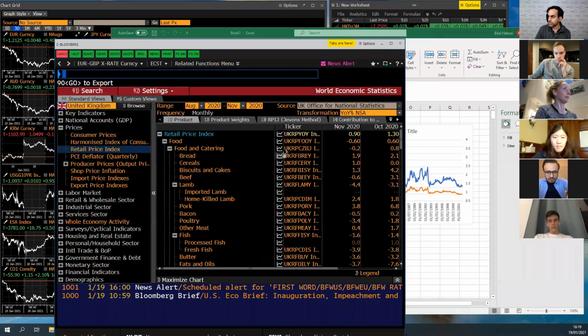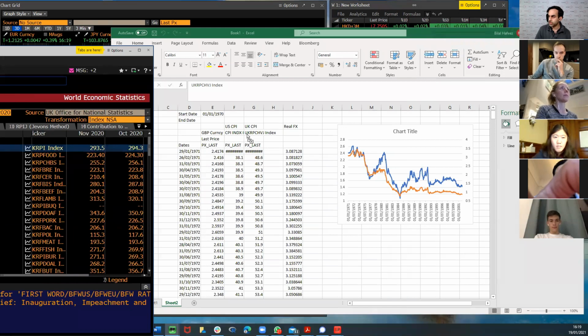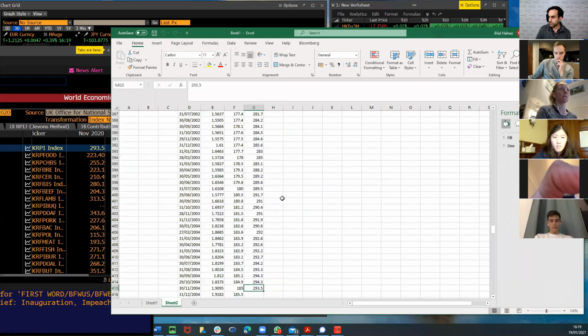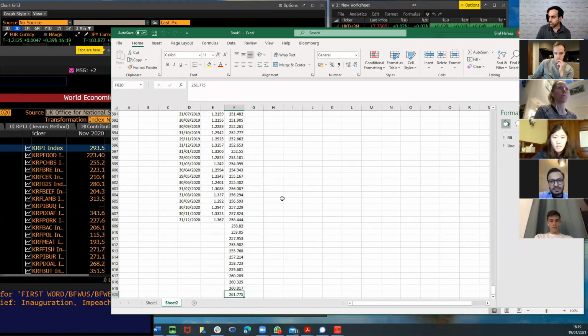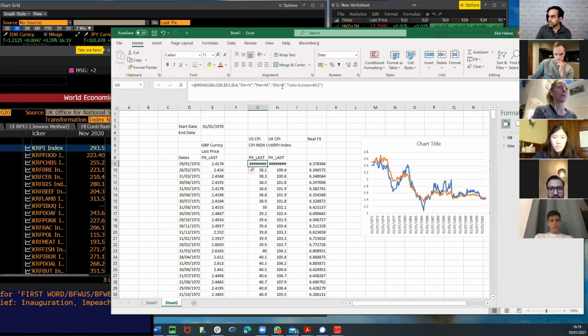So I'm going to switch to a different measure for UK inflation, to RPI, which is just an older measure of inflation that's used in the UK. Okay, so we just have a problem here because we're getting different dates.